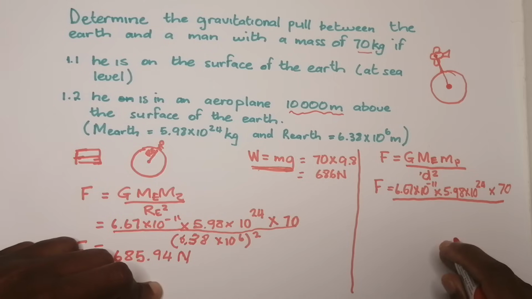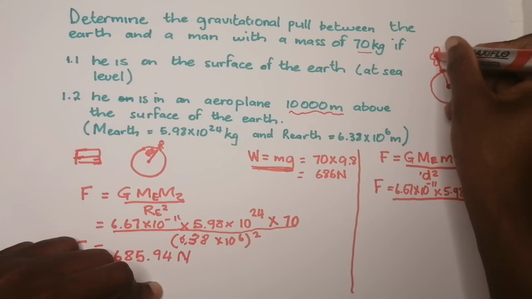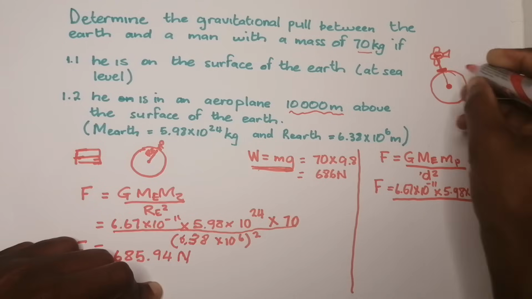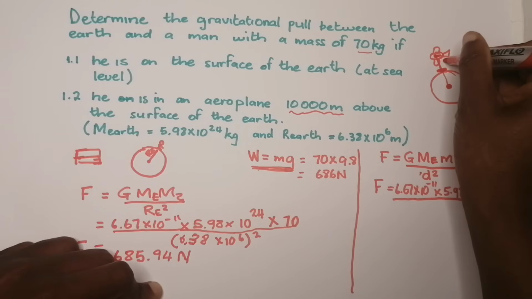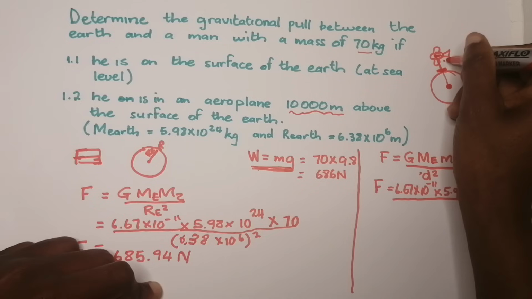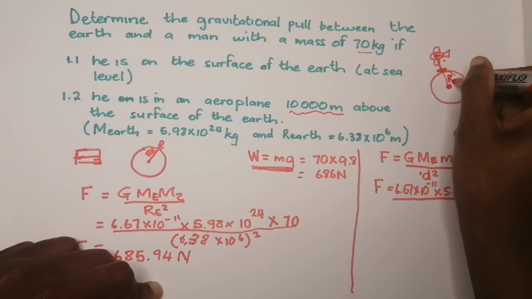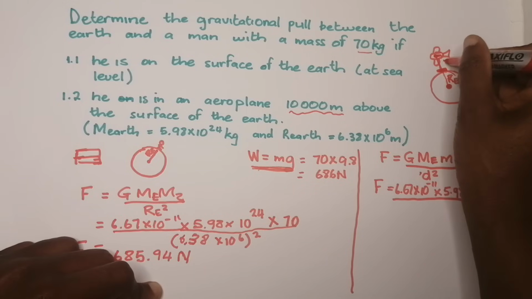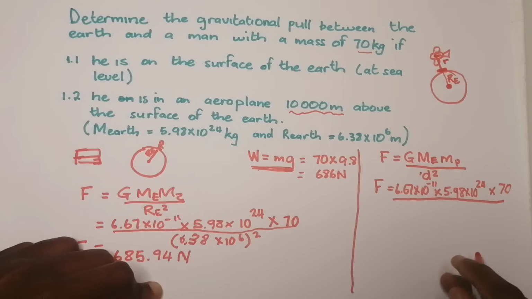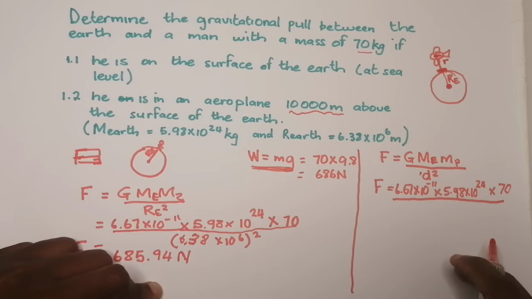They gave us 10,000 as the distance from the surface. So this would be the radius of the earth, and let me call this small r, that distance between the surface and the center of the person.